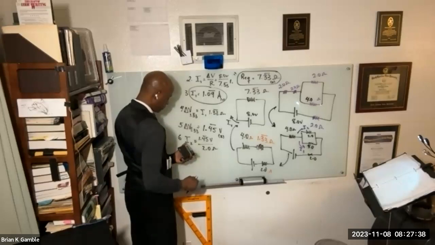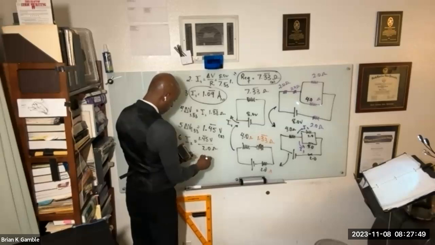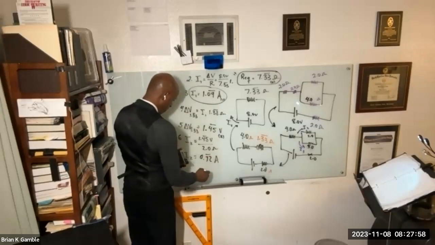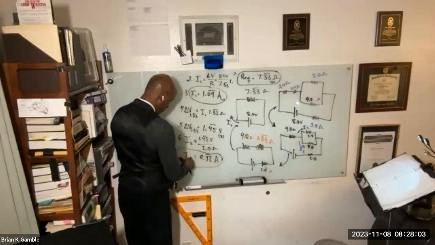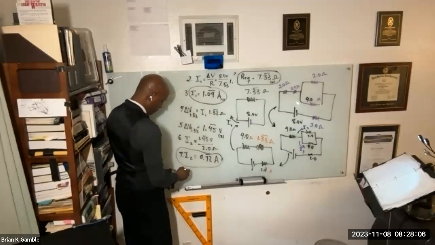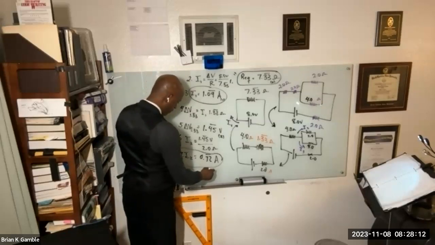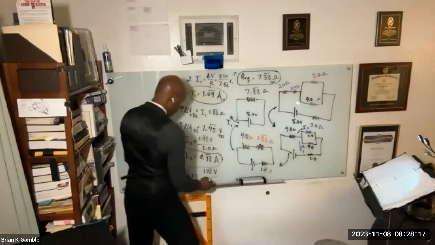I2 is equal to, still coming to, 0.7 amps. I3 is going to be 1.45 volts divided by the other resistance, 4.